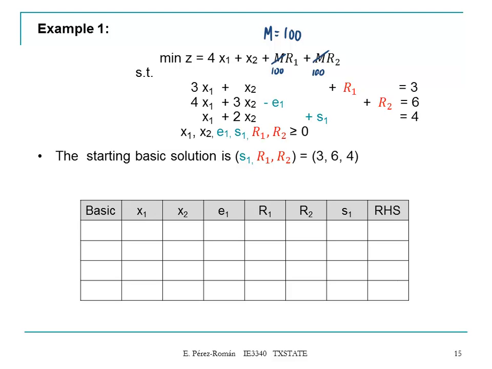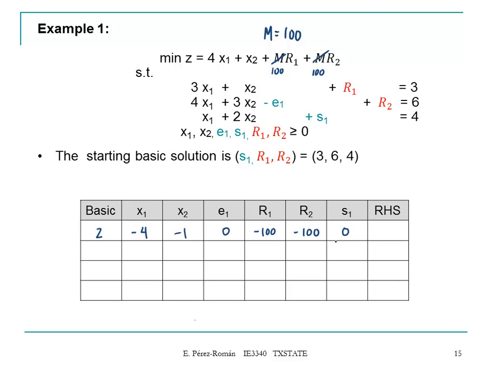So for x1, z will be equal to -4, -1, 0, minus 100, and minus 100 and 0. Do you understand why we're putting here a minus 100?